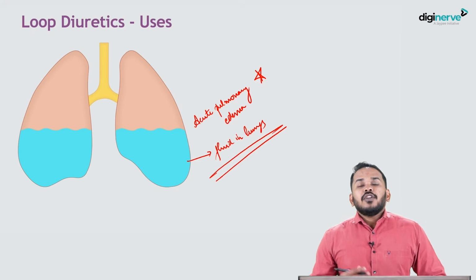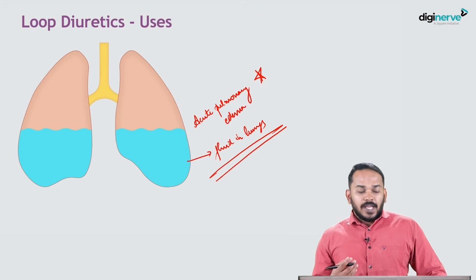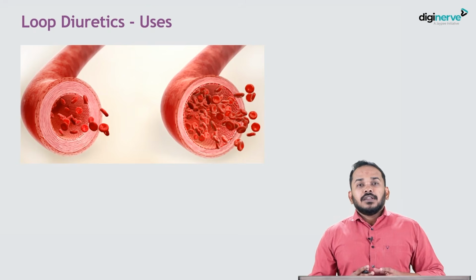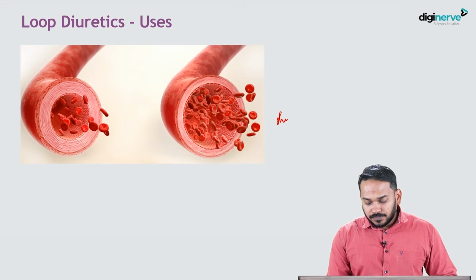Okay. So when you are giving loop diuretics, they will produce vasodilation. That will result in a shift of fluid from the pulmonary circulation to the systemic circulation.